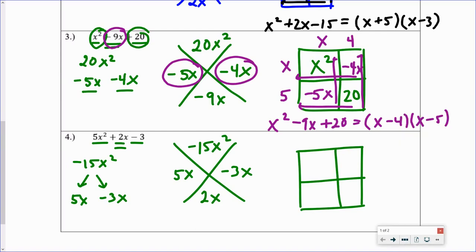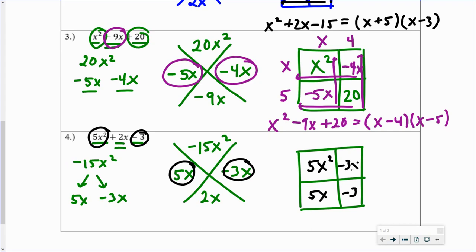So again, top left-hand corner of our area diagram is the quadratic term from our original expression. Bottom right-hand corner is negative 3, which is the constant term, and then the missing two boxes are these values right here, so 5x and negative 3x.